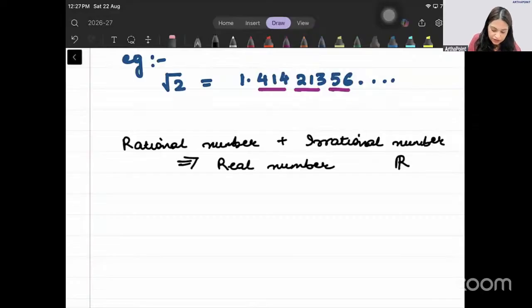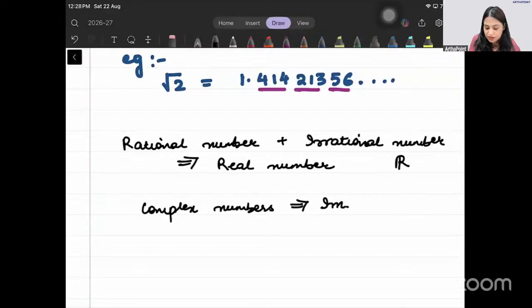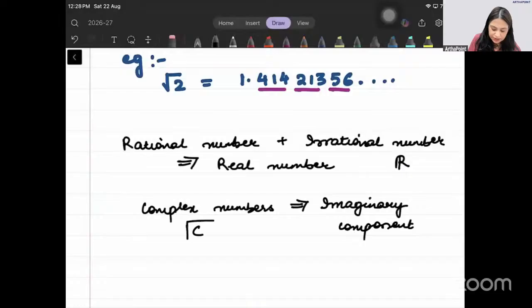The reverse of real number is complex numbers. Complex numbers are those numbers which have some imaginary component in them. Right? And these are represented by C. So these are some of the representations that we have.